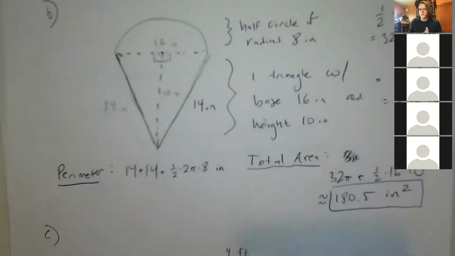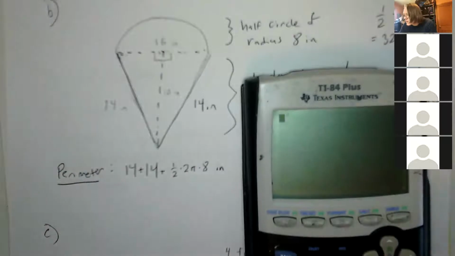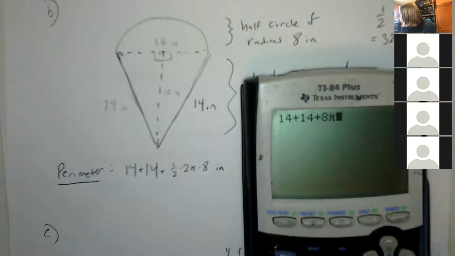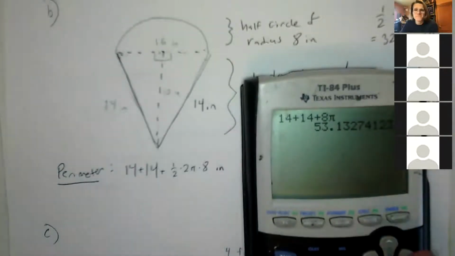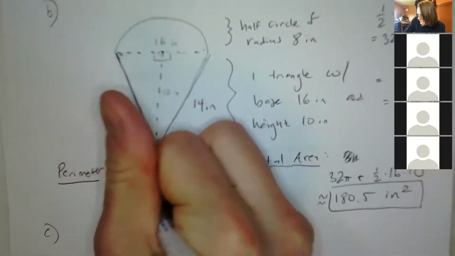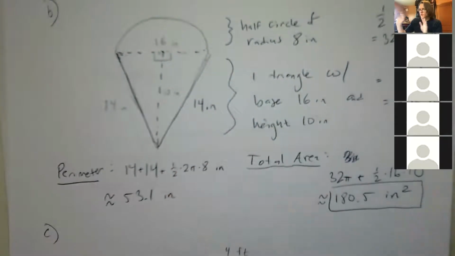And again, if we want a nice decimal approximation, we can do 14 plus 14 plus, and then the 2's cancel here as well. So it's just 8 pi, or pi times 8. And you'll see it's about 53.1 inches, just flat.